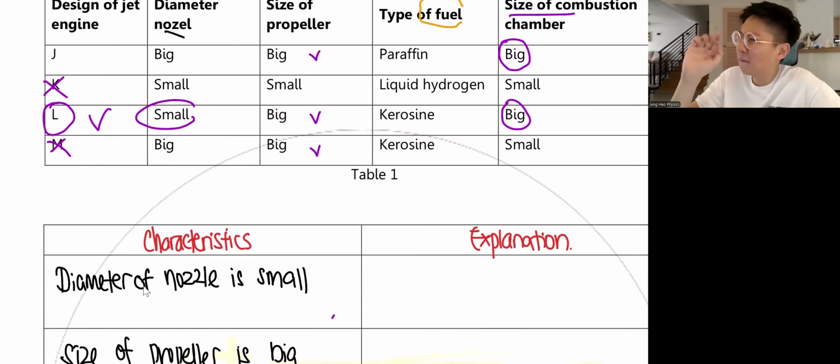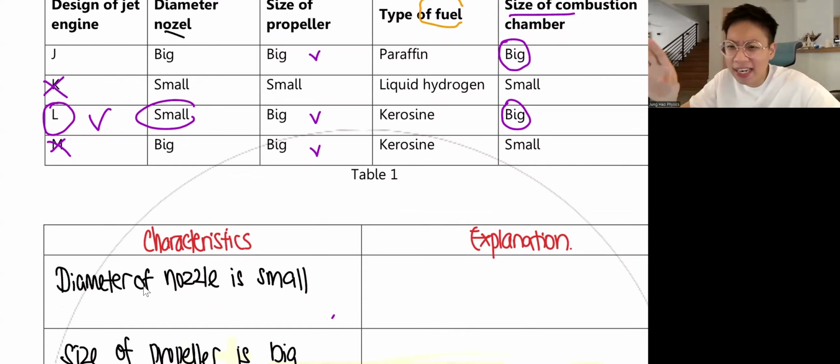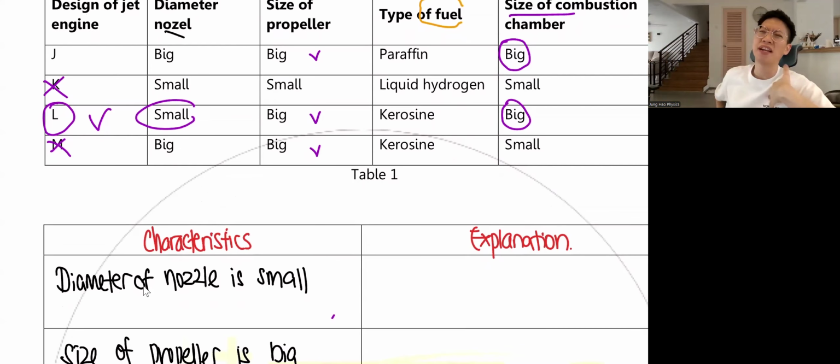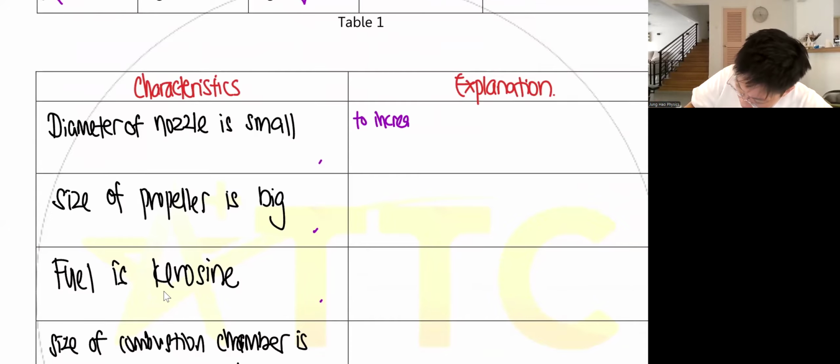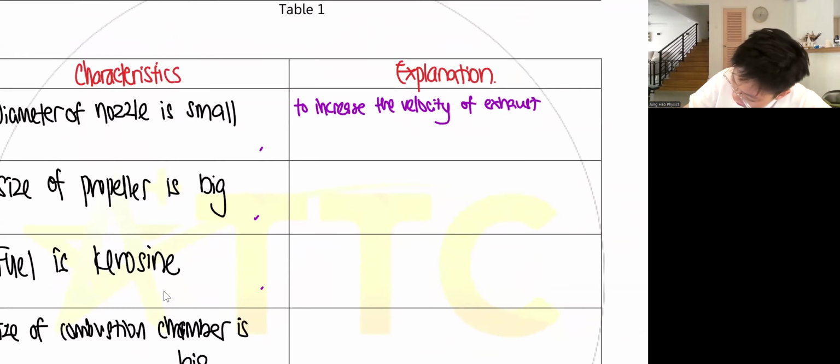So guys, just say that it increases the velocity. Don't say pressure. I see your answer, I get very pressured, guys. Don't say the pressure stuff. So you can say the diameter is small to increase the velocity of exhaust gases.